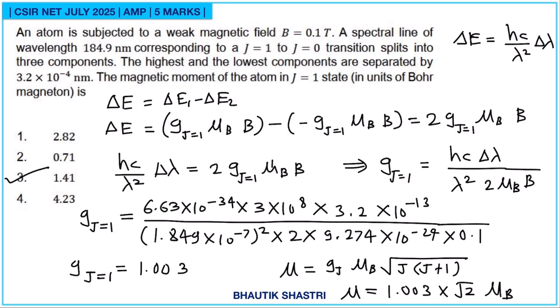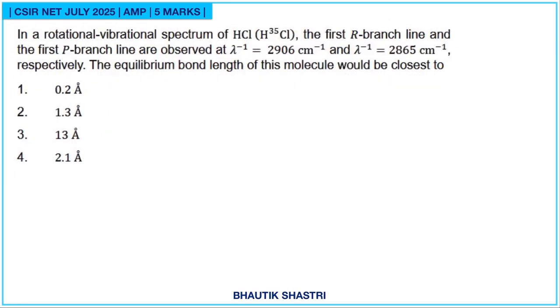Next question. In the rotational vibrational spectrum of HCl, the first R branch line and the first P branch line are observed at these wave numbers. The equilibrium bond length of this molecule would be closest to. First we will calculate rotational constant.